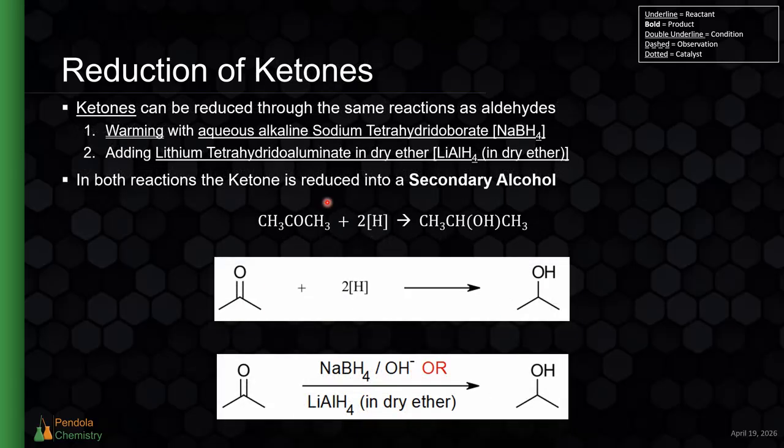So keep that in mind. A lot of these reactions, even though we see them as separate reactions, the reduction and oxidation reactions, they're really just opposite sides of a coin, opposite sides of the reaction. Don't memorize this as 4 different reactions.